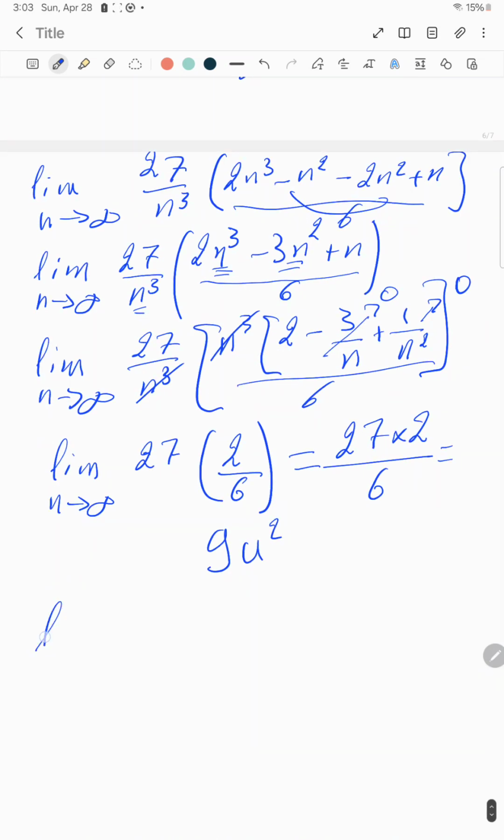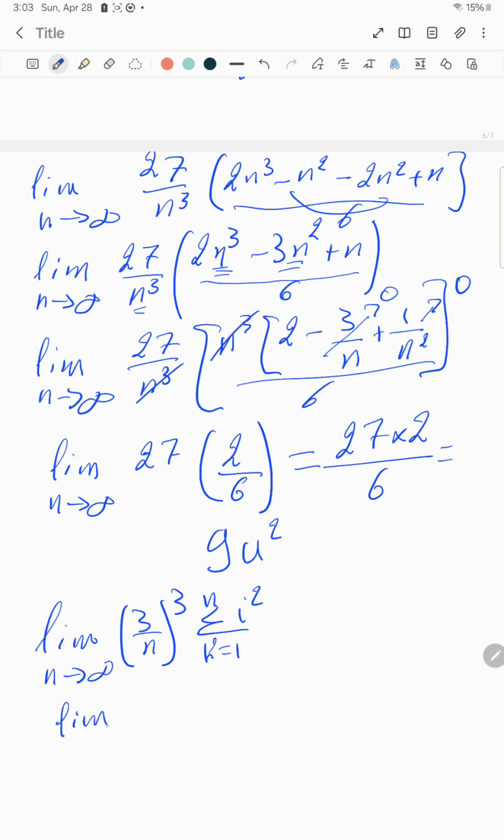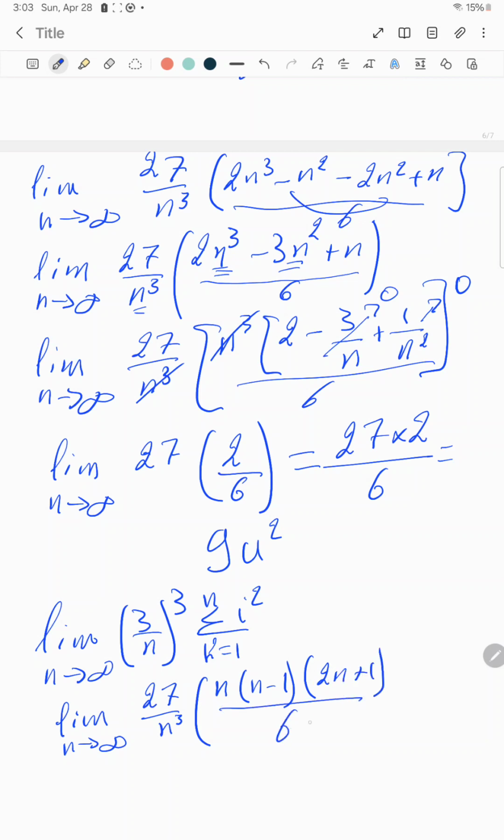If I want to study the limit when n goes to infinity of 3 over n to the power of 3, sum of k equal 1 to n, k square, it is equal limit for n goes to infinity, 27 over n to the power of 3, and it becomes here n times n minus 1 times 2n plus 1 divided by 6.